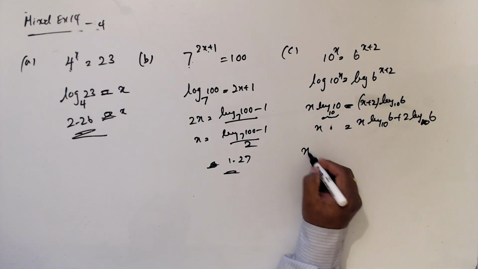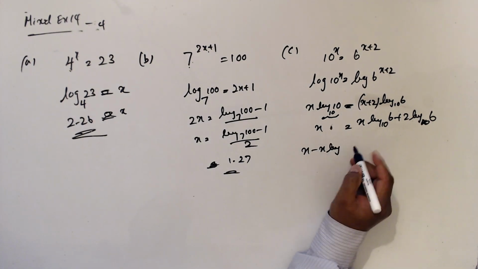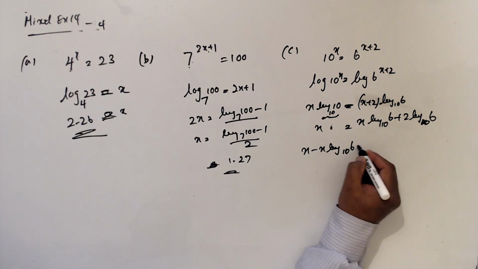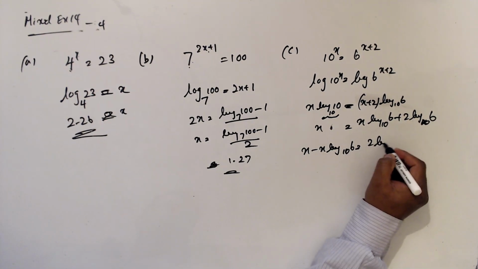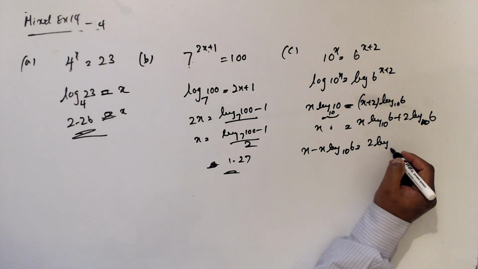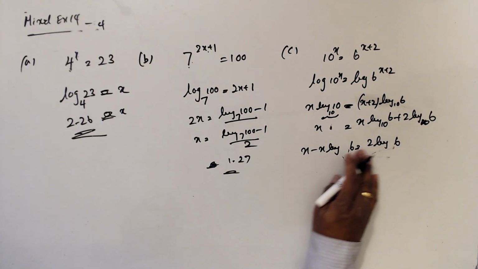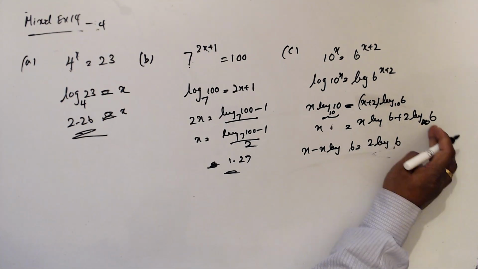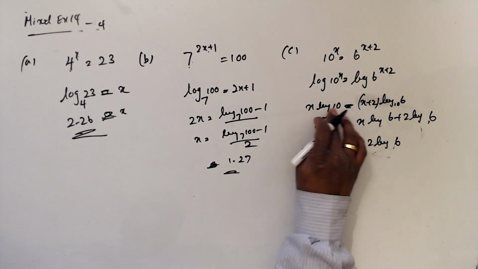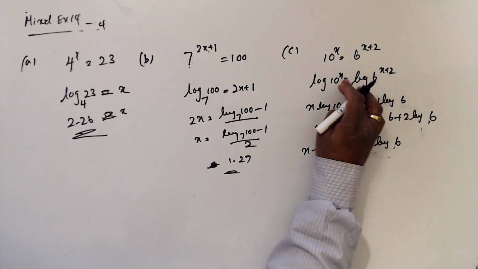So then I want to take x in one place. I'll bring here x minus x logarithm to the base 10 of 6 equal to 2 logarithm to the base 10 of 6. So should we write 10? We don't write it if it is 10 base.